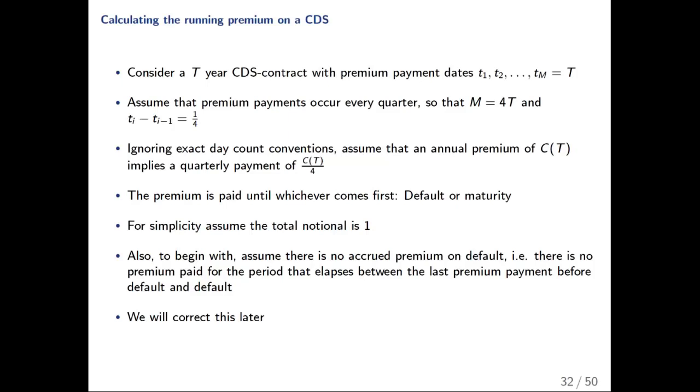Well, that coupon payment still needs to be paid, but it's paid pro rata. So if the default happens 1 month into the quarter, then I'm going to pay 1/3 of that quarterly payment. But we're going to ignore that for the time being. Just imagine that default always happens on a coupon payment date, for simplicity.